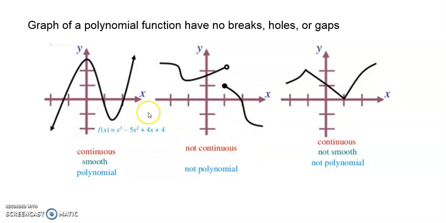So this is the graph of a polynomial function. Why? Because it is smooth and continuous, whereas this function does not represent the graph of a polynomial. Why? Because it is not continuous, and this graph has sharp corners. That is why it is not a graph of a polynomial.